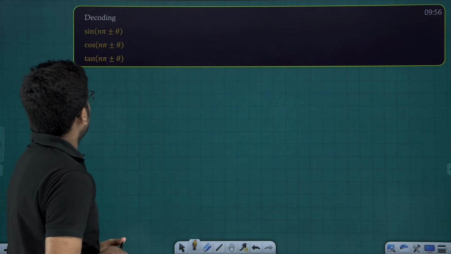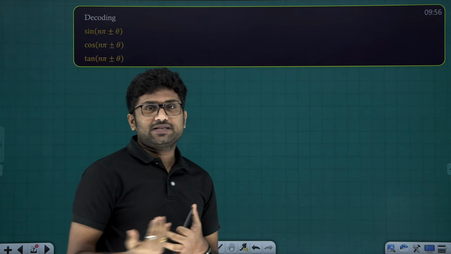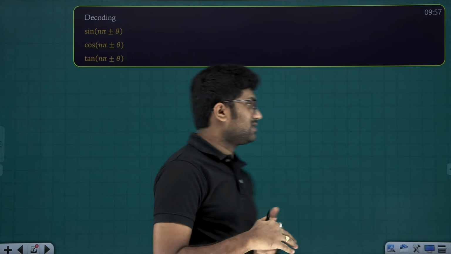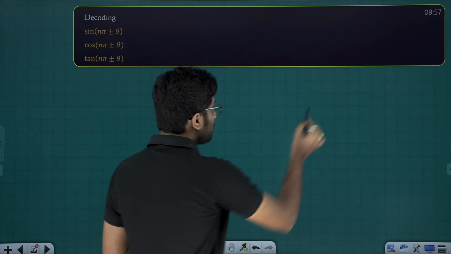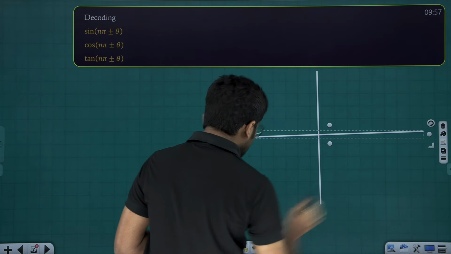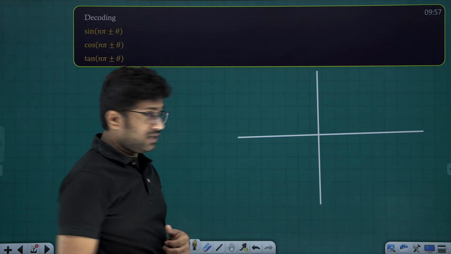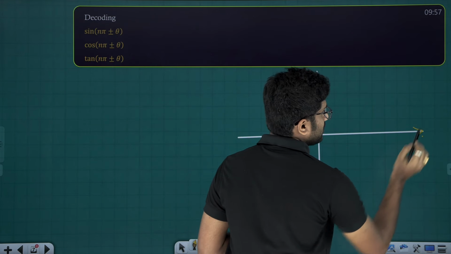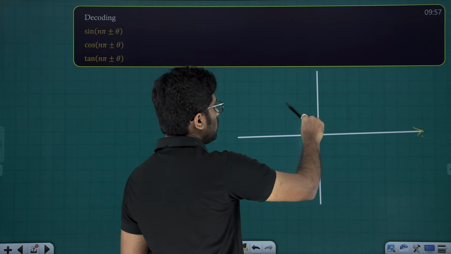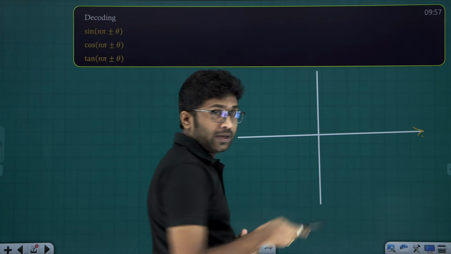Next, decoding sine of n pi plus or minus theta, cos n pi plus or minus theta, tan n pi plus or minus theta. In all these cases, friends, if you observe one thing, on the x-axis, the angle starts from 0 here: 0, pi by 2, pi, 3 pi by 2, 2 pi.